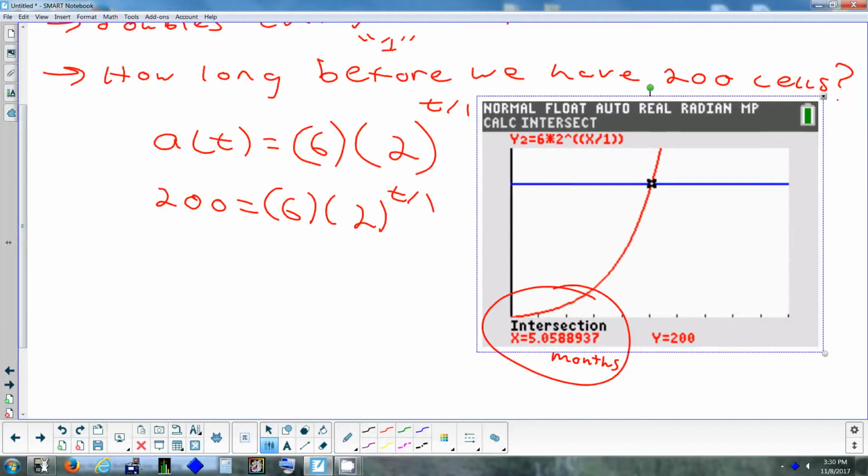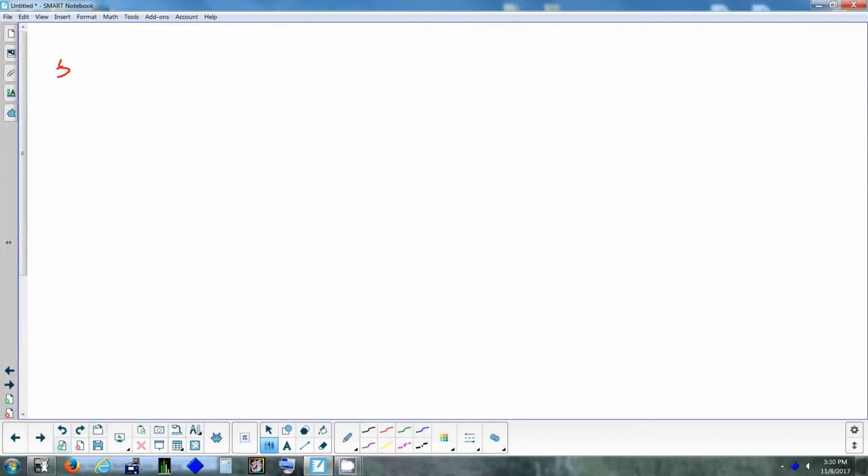So the next one, I think it was either your class or the other class asked me about one in the homework, which was something like this. Let's say 4 to 2x minus 5 equals 16.